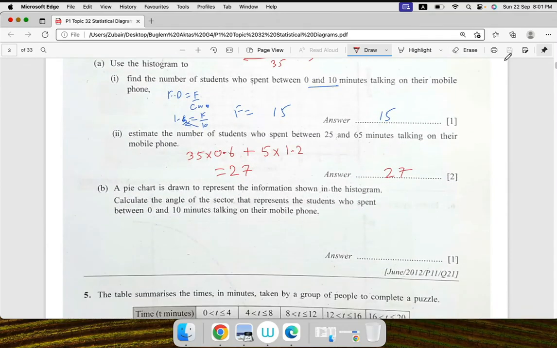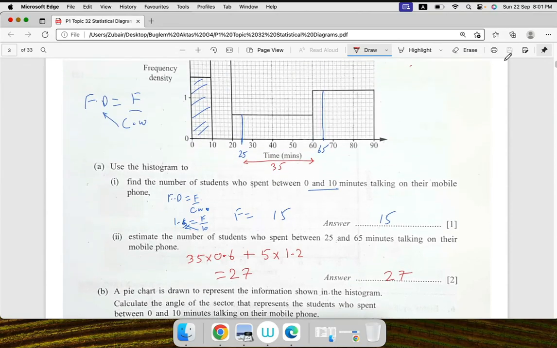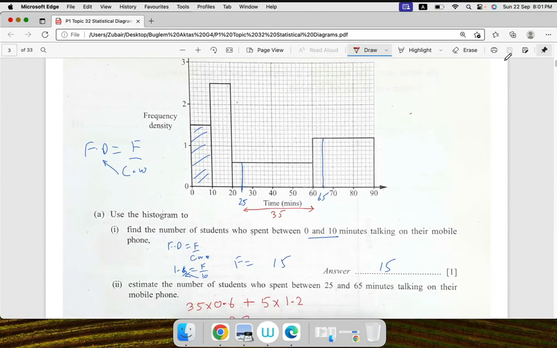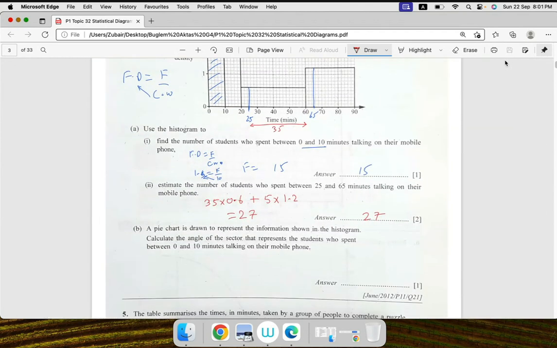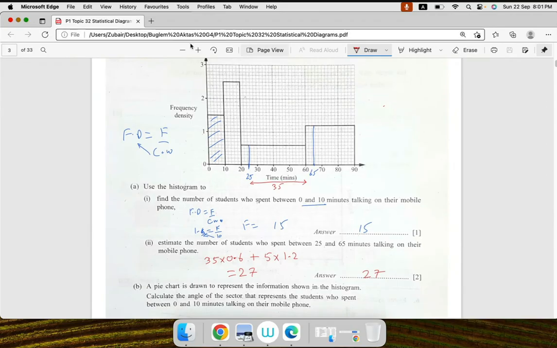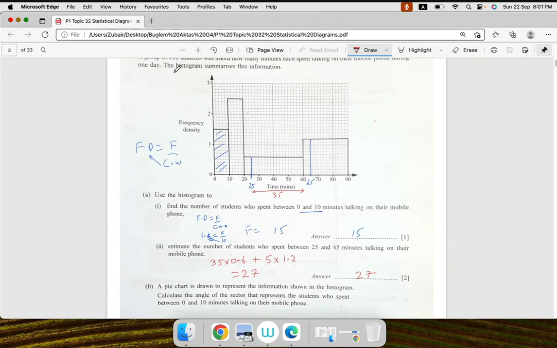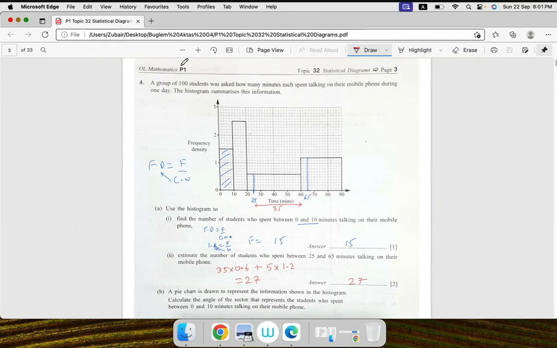A pie chart is drawn to represent the information shown in the diagram. Calculate the angle of the sector that represents the students who spend between 0 to 10 minutes talking on their mobile phone. What would be the angle? You might need to consider the full question.